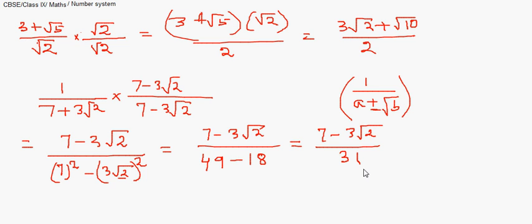Let us take up one more such question here: 5 by root 3 minus root 2. Because the denominator has a negative, we multiply with a positive to rationalize. I'll do so in the same step.